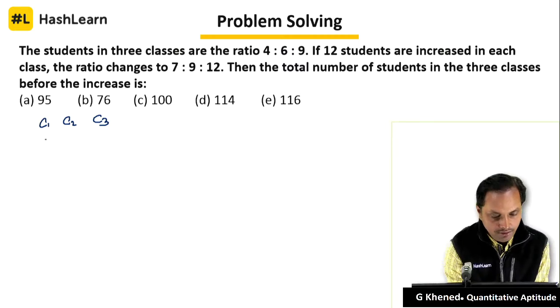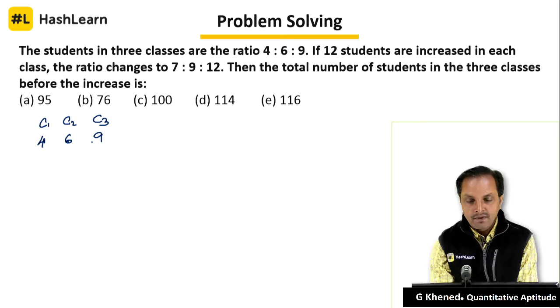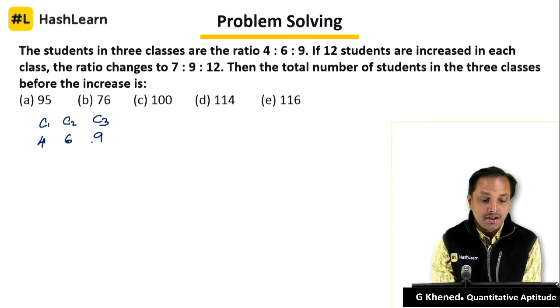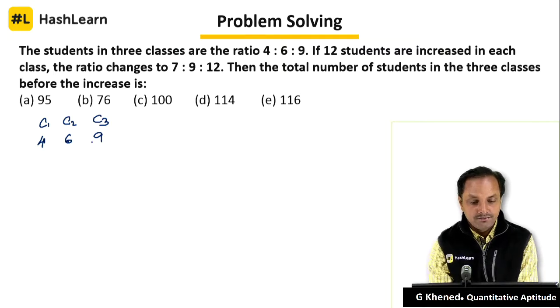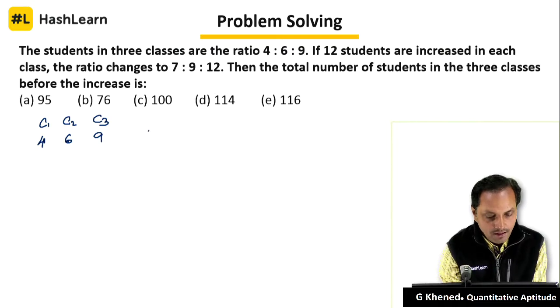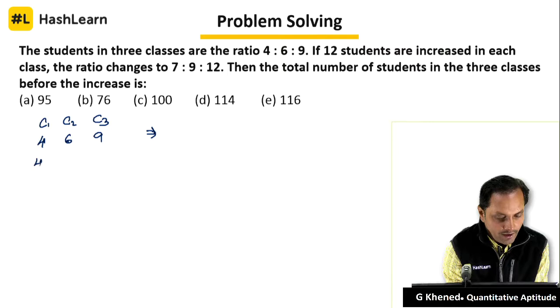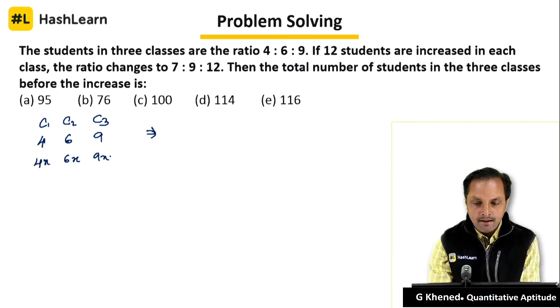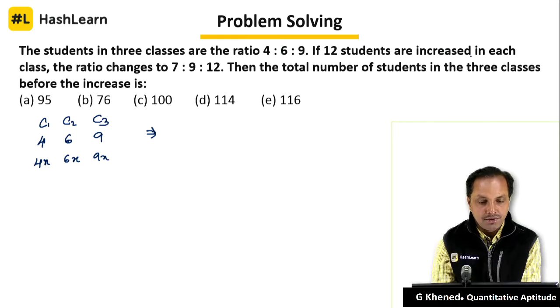They are in the ratio 4:6:9. So I can write this as 4x, 6x, 9x. If 12 students are increased in each class, the ratio changes to.